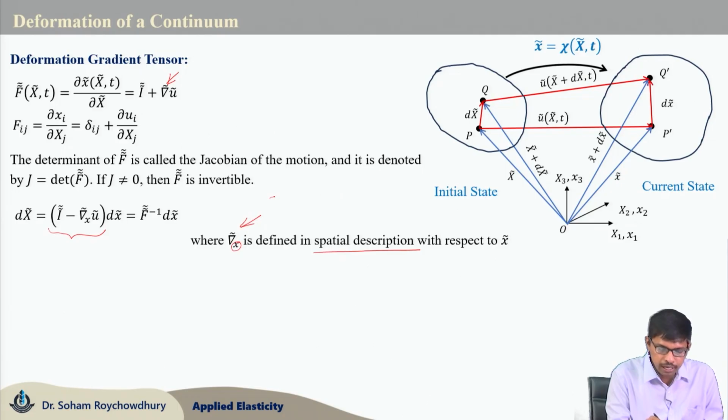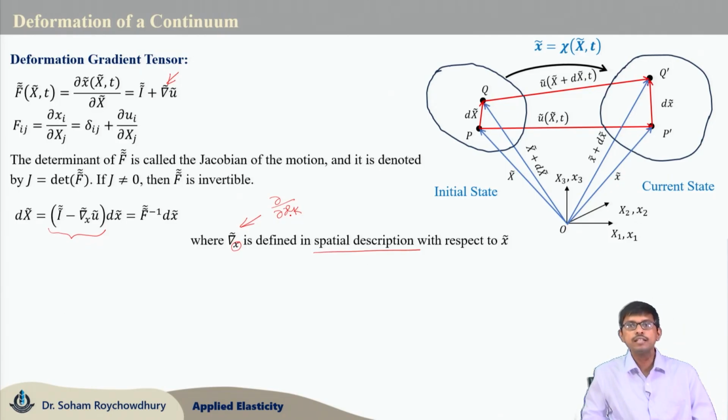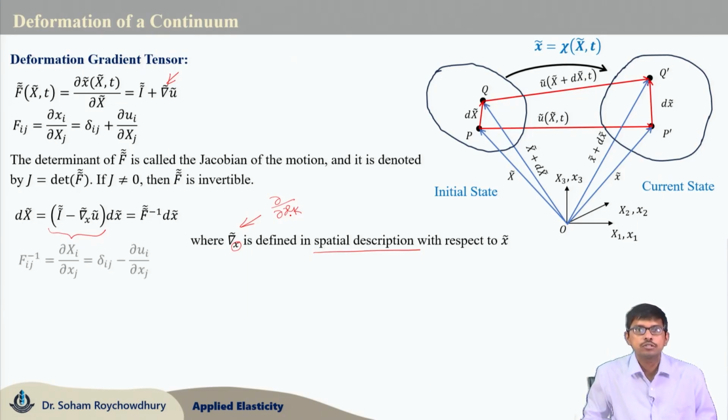This refers to the partial derivative with respect to the small x component, del small x k. So, this is the definition: f inverse i j would be delta i j, the Kronecker delta, minus del u i by del small x j. This partial derivative in this gradient is with respect to the spatial or deformed coordinate vector.